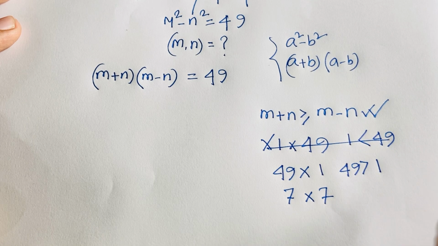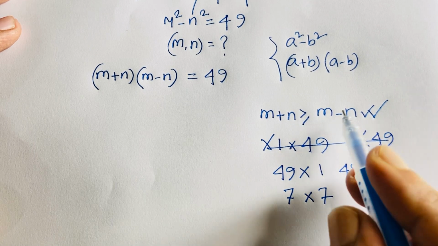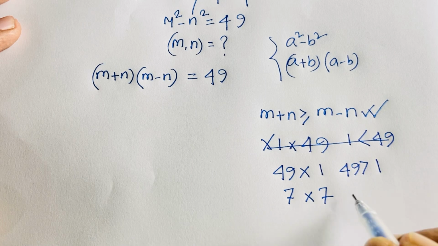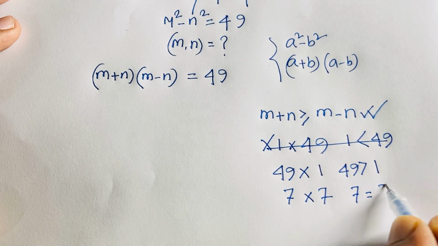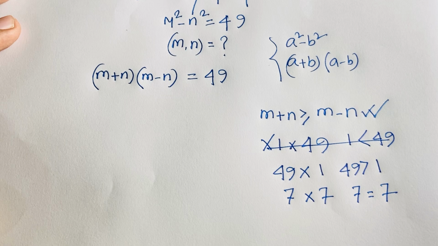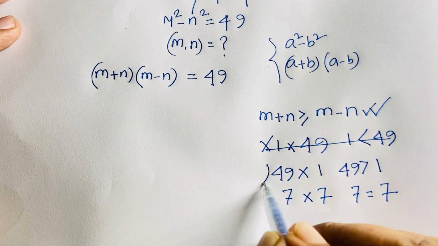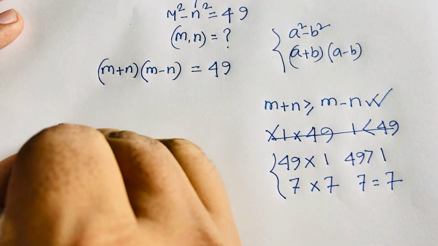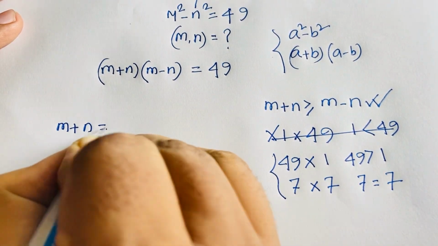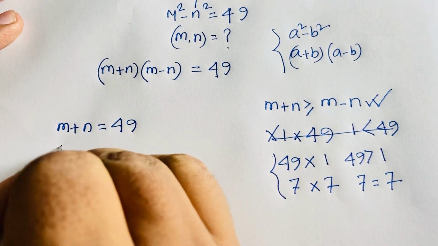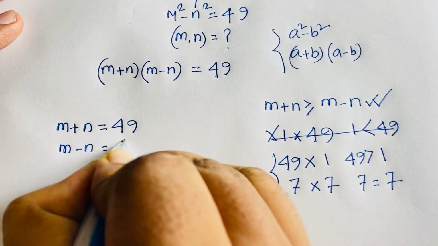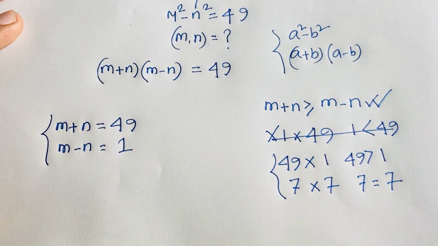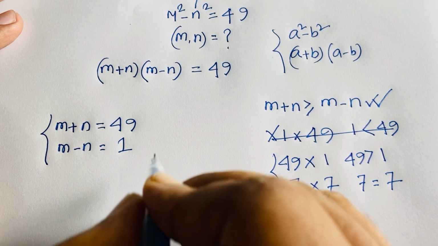So m plus n will be 49 and m minus n will be 1. And again 7 is always equal to 7. So we find two conditions. Our first condition is m plus n is equal to 49, and m minus n is equal to 1.